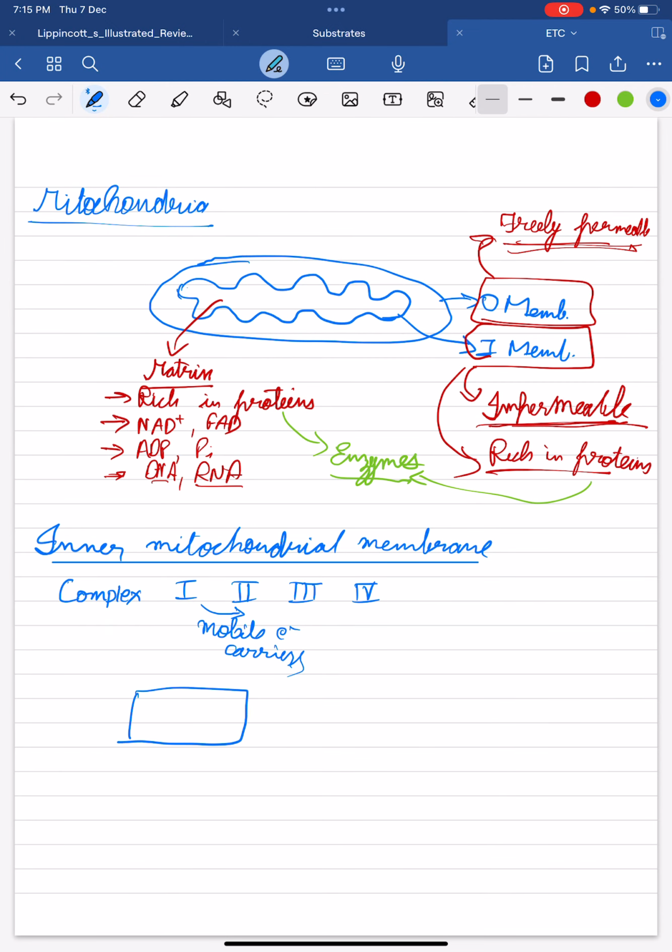Drawing this, we have this complex 1. It is known as NADH dehydrogenase complex. What happens here is that the NADH plus H plus is acted upon by NADH dehydrogenase enzyme, which gets converted to NAD plus, and these two hydrogen are transferred to a compound known as FMN.